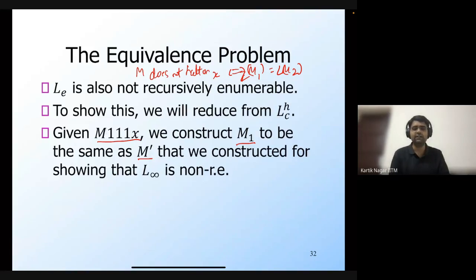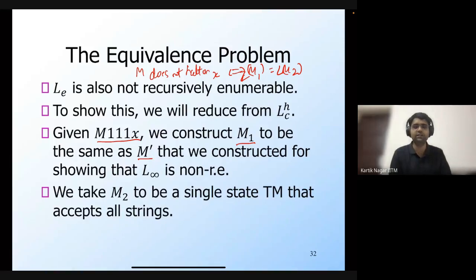So now we can construct M1 to be the same as that M prime. This means that if M does not halt on X, then the language of M1 will be sigma star. Now I can construct M2 such that its language is also sigma star. So we can take M2 to be a single state Turing machine that simply accepts all strings.